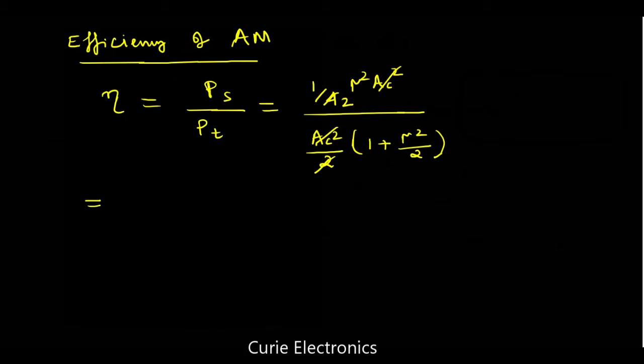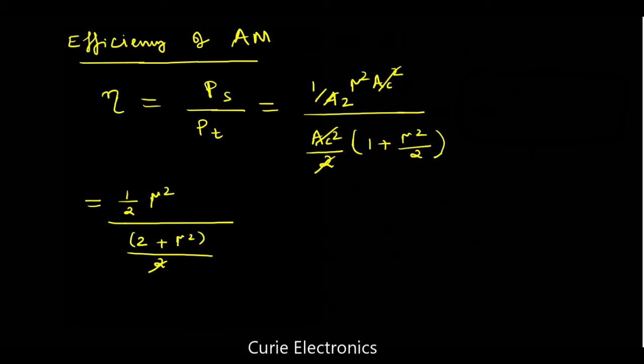Now how do we simplify? So 1 by 2 mu square is what there in the numerator. The denominator, what is there? If you take the 2 as LCM, we get 2 plus mu square. Right? 2 plus mu square.